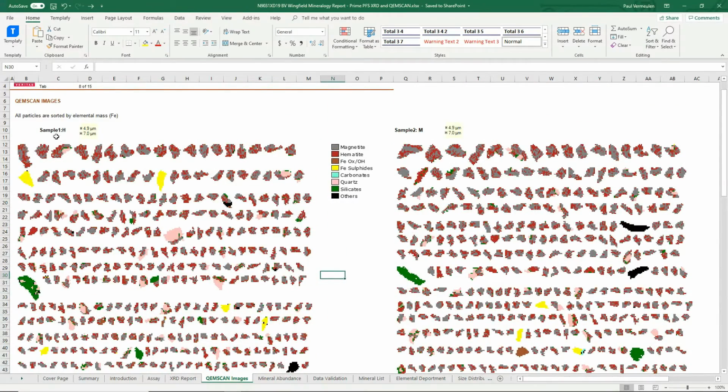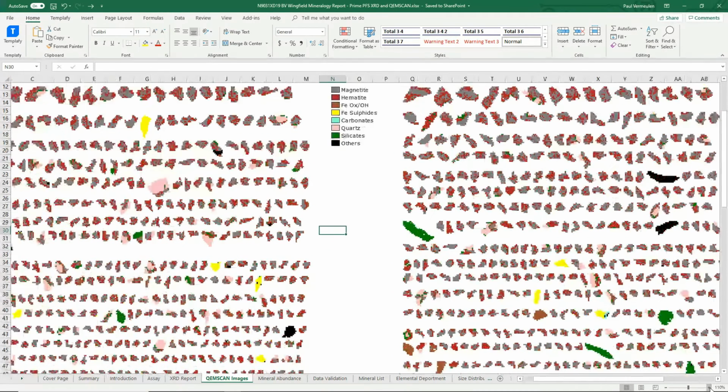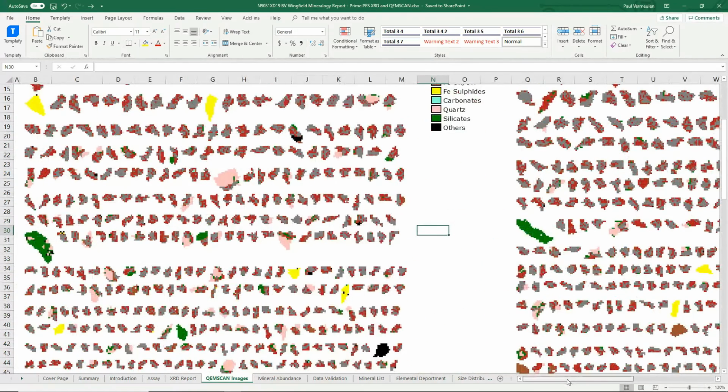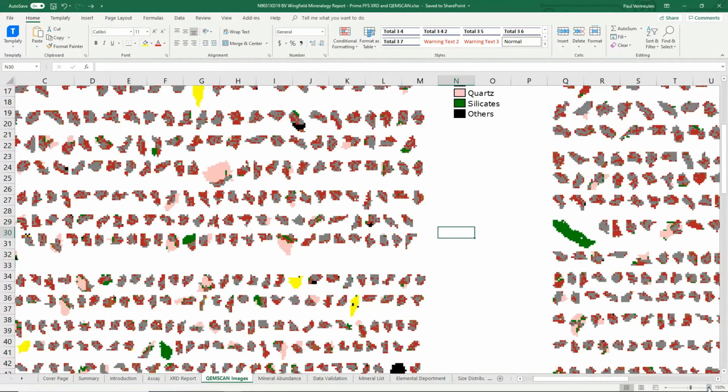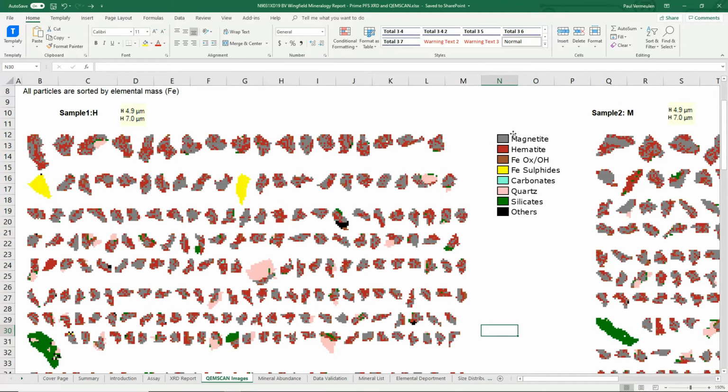So here we go, sample H. Let's make this a bit larger because it will be quite insightful. 150%. Let's have a look. So the legend says grey is magnetite, burgundy is hematite, brown is oxides/hydroxides of iron.